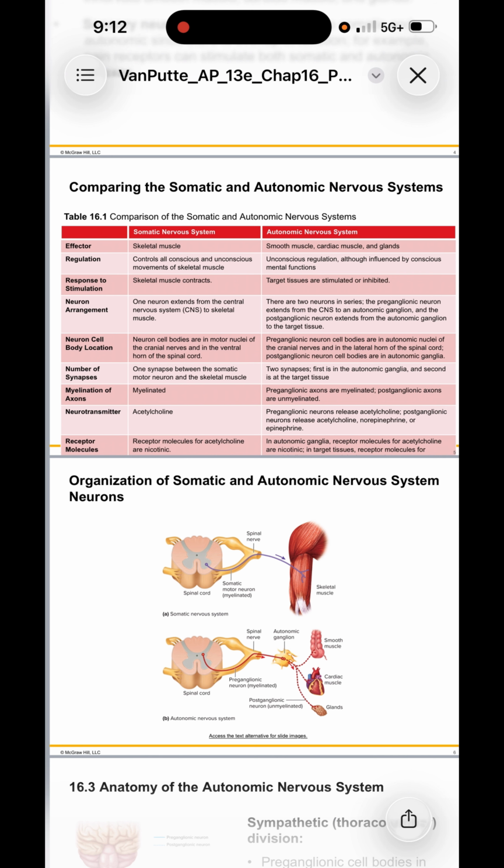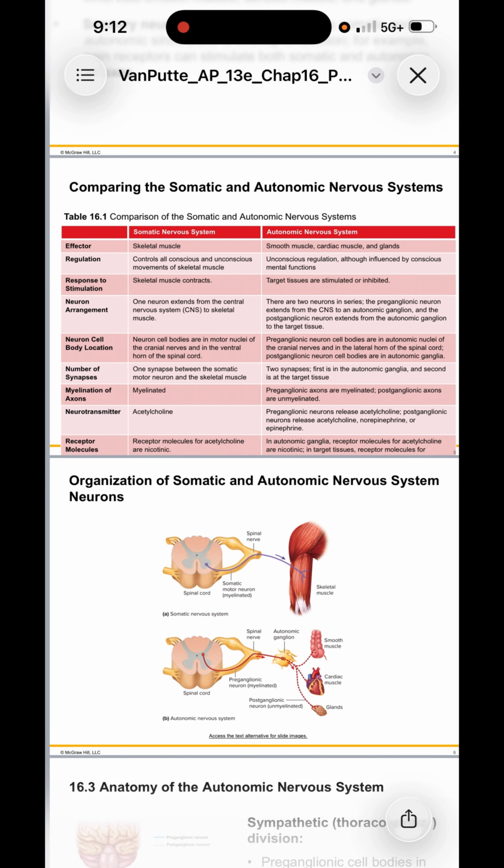Neuron arrangement. Somatic nervous system, one neuron extends from the central nervous system, CNS, to skeletal muscle. Autonomic nervous system, there are two neurons in series. The preganglionic neuron extends from the CNS to an autonomic ganglion, and the postganglionic neuron extends from the autonomic ganglion to the target tissue. Neuron cell body location.